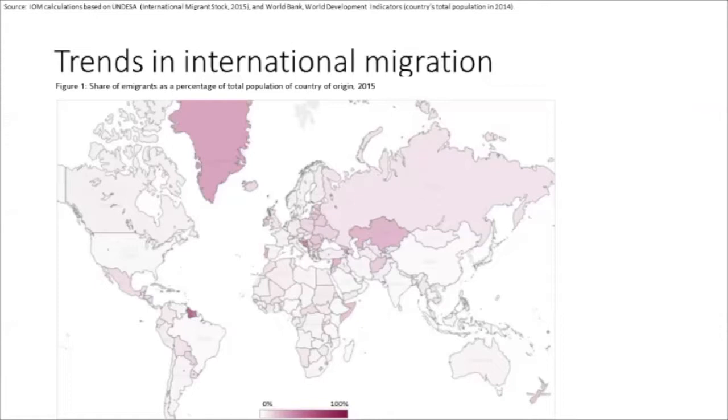In Europe, you can see a very interesting divide between Western and Eastern Europe. You can see that compared to Western Europe, Eastern European countries have a relatively high share of emigrants. That is because Western Europe is more developed than Eastern Europe. And because of the European Union, there's a freedom of movement between countries inside of the European Union.